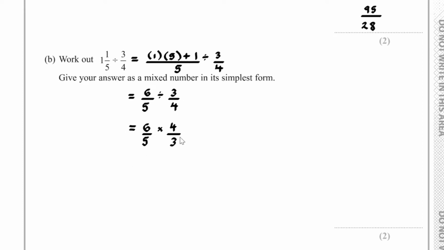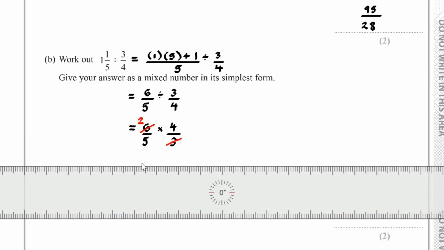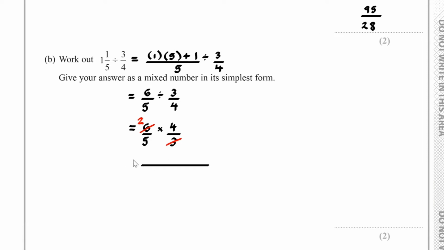Now we can see that the 3 cancels with the 6 twice. And so what we have then is 2/5 multiplied by 4, which is 8/5.